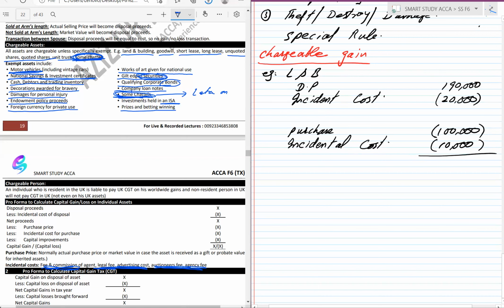So simply we will write down the selling price of the asset. We will deduct incidental costs at the time of purchase and also at the time of sale. We will also deduct the purchase price of the property, and we will have gain or loss. So 60,000 pounds is the chargeable gain.